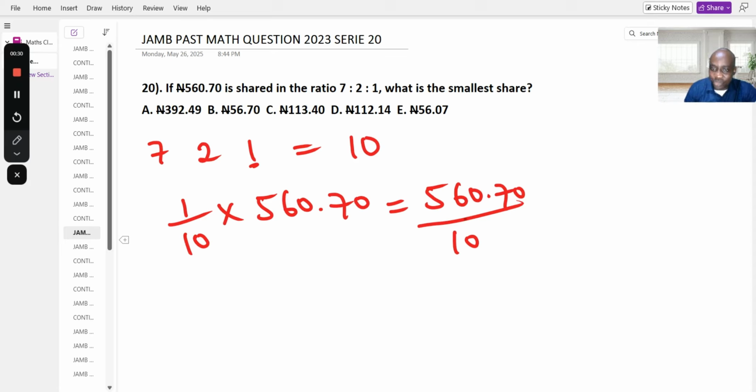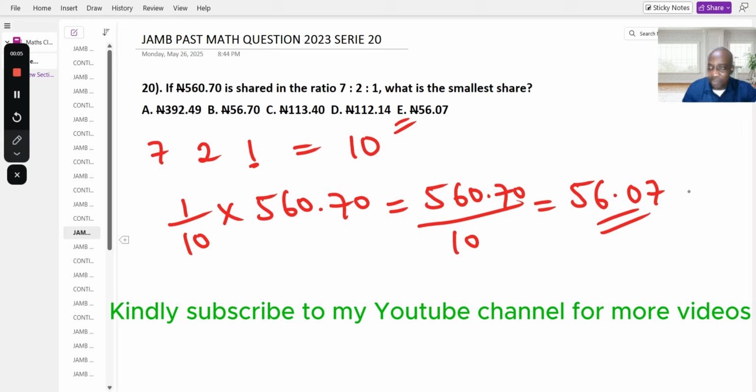Stop at the last one and put your dot: 56 dot, what is the next digit? 07. Therefore, what is our final answer here? 56.07. This is it. Our final answer is E.